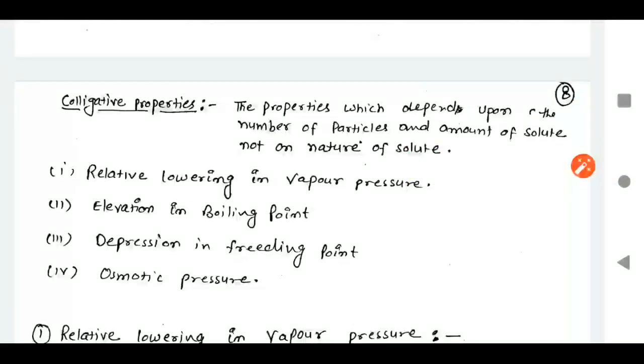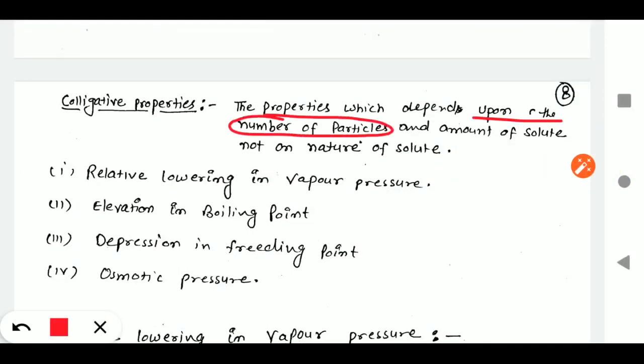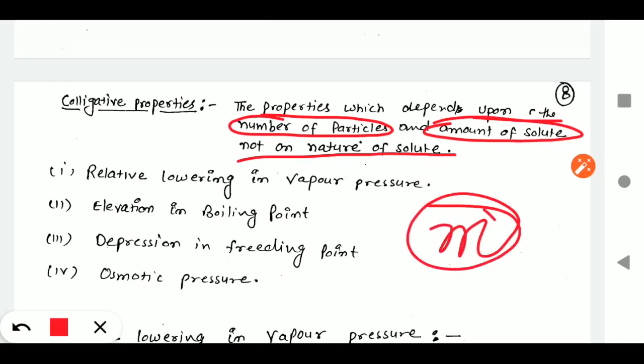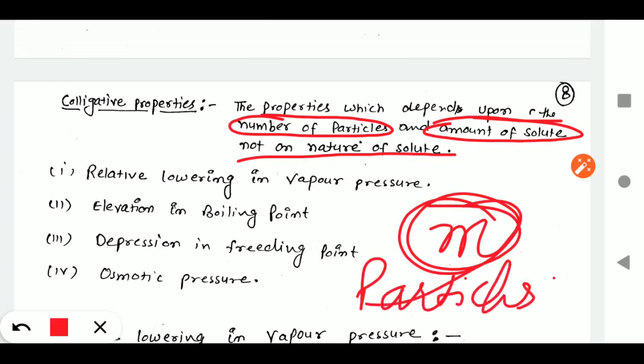Students, these are the properties which depend on the number of particles and amount of solute, not on the nature of the solute. They depend on the amount, the mass of the solute and the particles of the solute, not the nature of the solute.